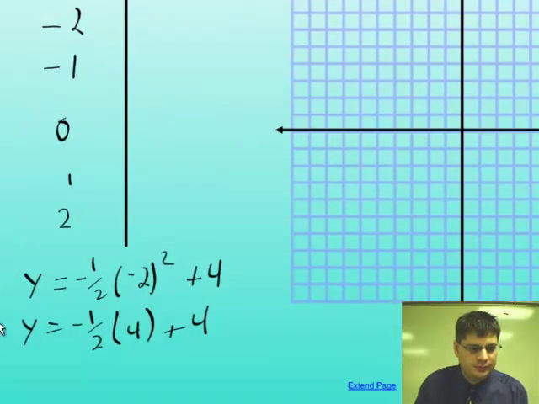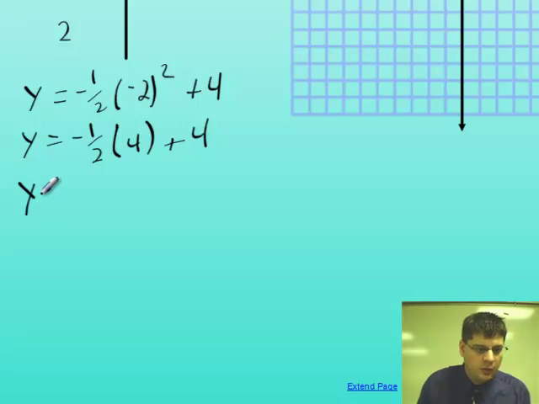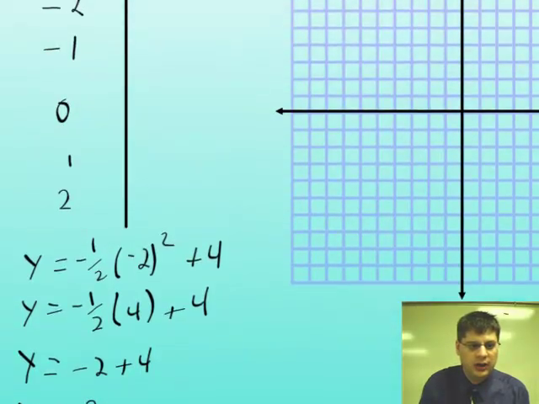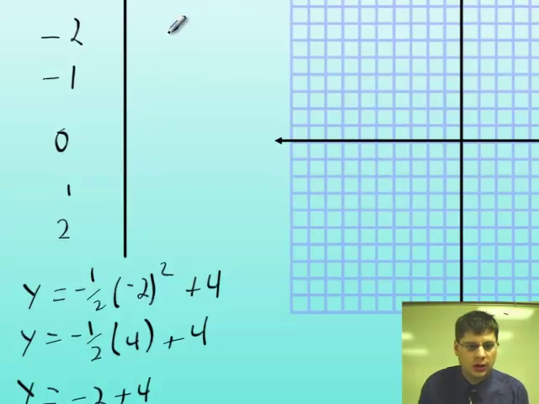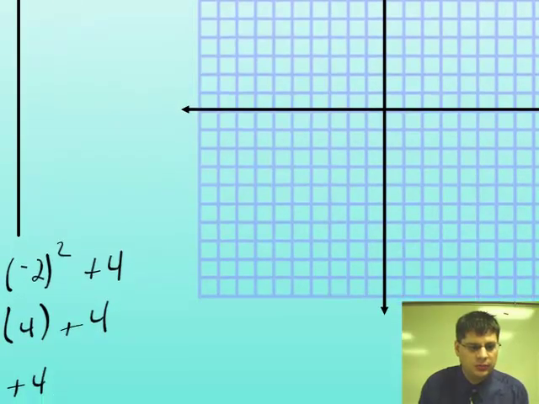Continuing, y is equal to negative 2 plus 4, and thus y is equal to 2. So I'd go back and fill that value out in my table, and we said that was going to be 2.